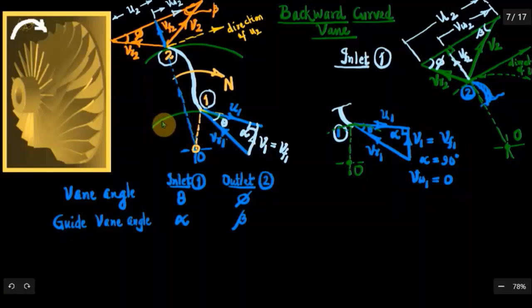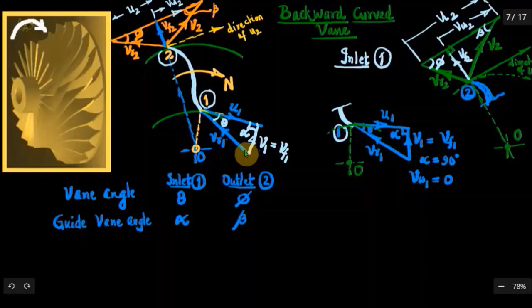So you just consider the circle representing the inlet of the impeller. So this is that circle. See what I have shown over here, the part of the circle, and inlet tip is 1, and the air is entering.